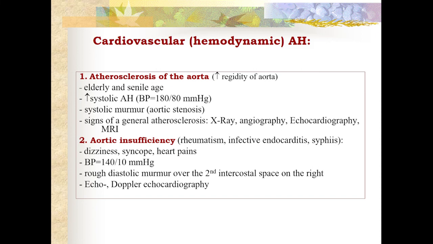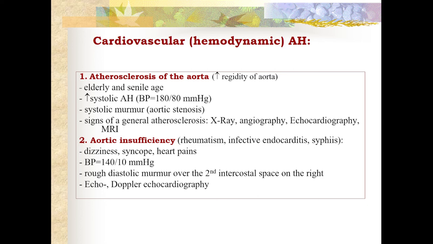Cardiovascular diseases can lead to arterial hypertension. In the elderly, atherosclerosis of the aorta and increased rigidity of the aorta lead to increased systolic arterial pressure and maybe high pulse pressure, for example blood pressure of 180 over 80 millimeters of mercury diastolic.